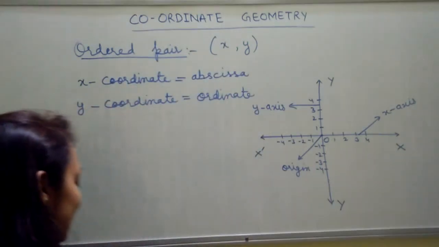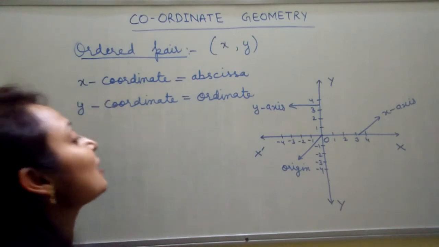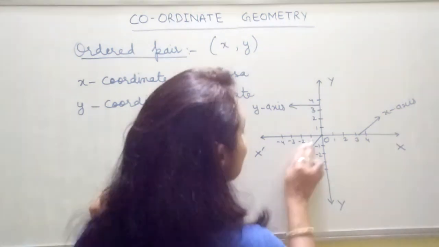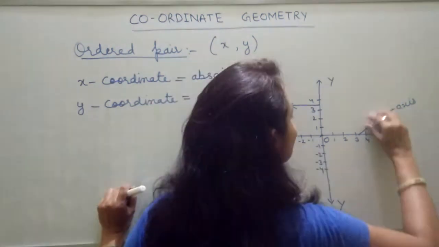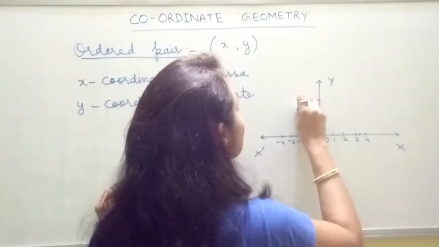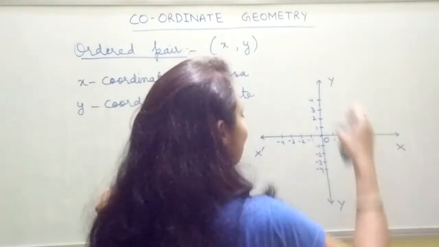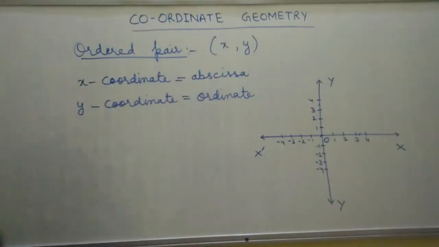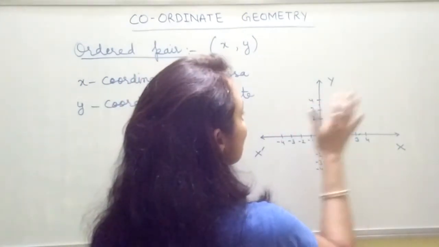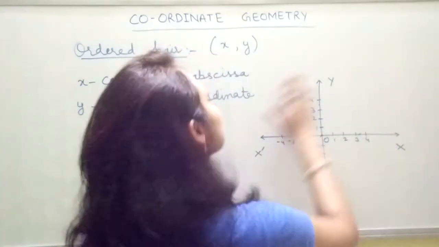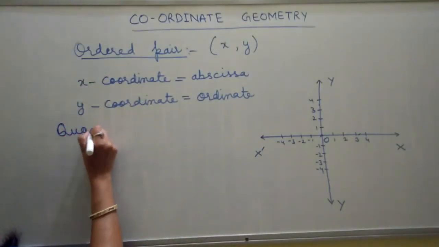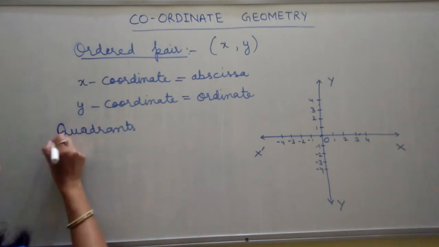Now I want to tell you what the quadrants are. With the help of these axes, we can make quadrants. How many quadrants are there? These two axes divide the plane into four portions, 1, 2, 3, 4. These four portions are called quadrants.